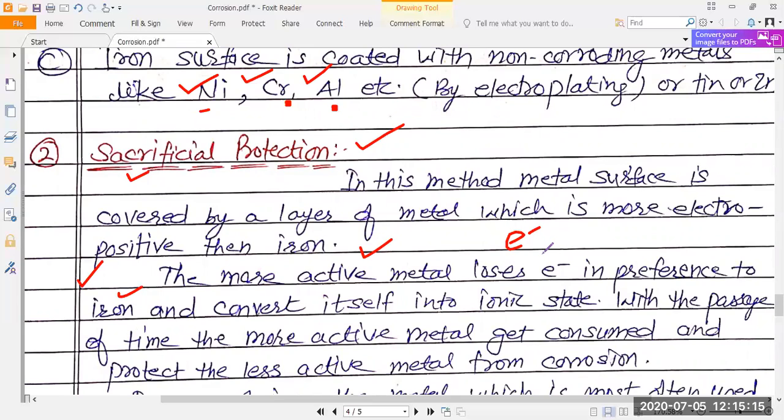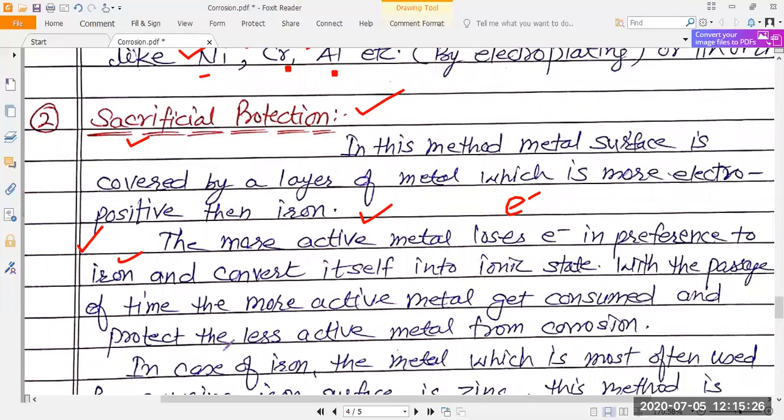So more active metals protect less active metals, and the less active metal here is iron. The more active metal converts itself into ionic state. With the passage of time, the more active metal gets consumed, and it protects the less active metal from corrosion. This is sacrificial protection.